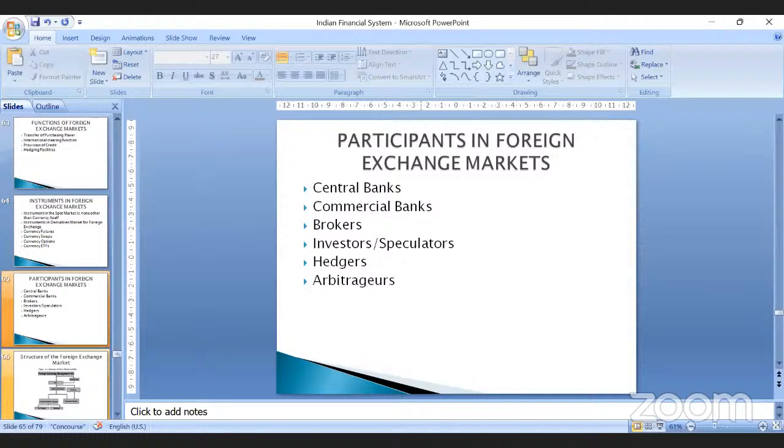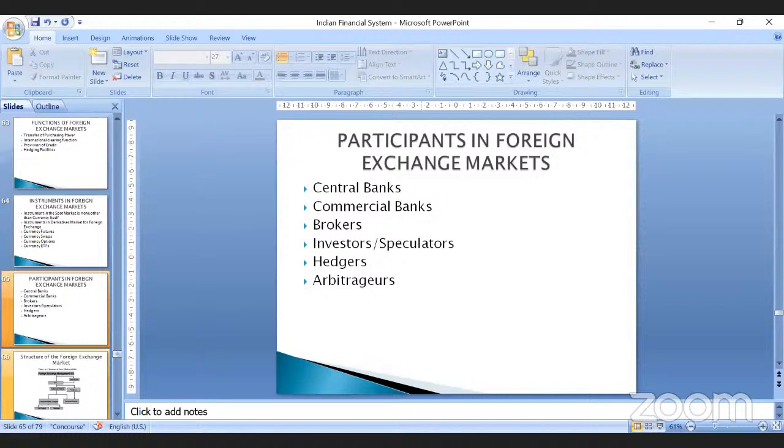So what arbitrators do is buy and sell the same currency in two different markets. Whenever there is a price change, fluctuation, or price discrepancy, they take advantage of that discrepancy and exchange the currency to make profits. These are the participants of the foreign exchange market.